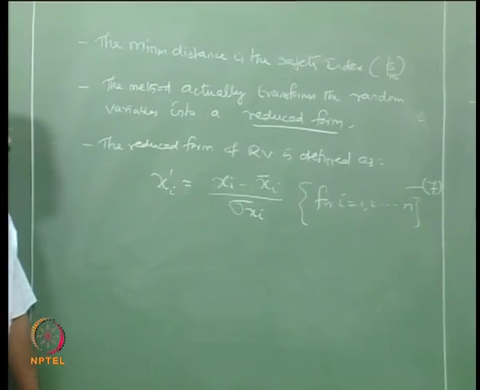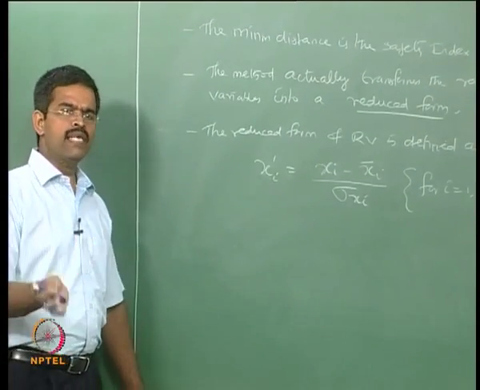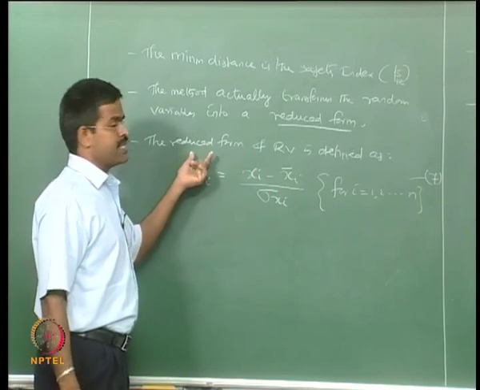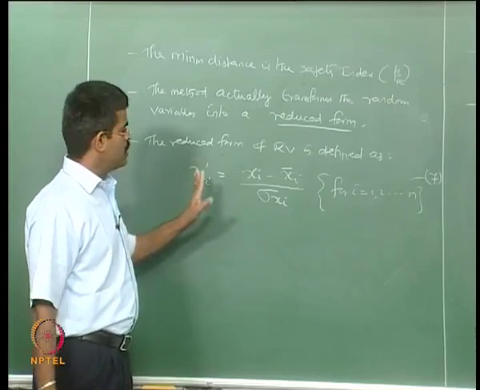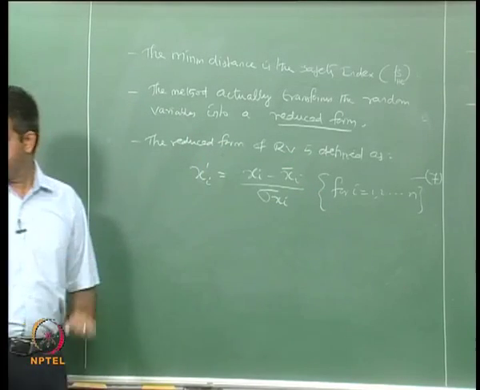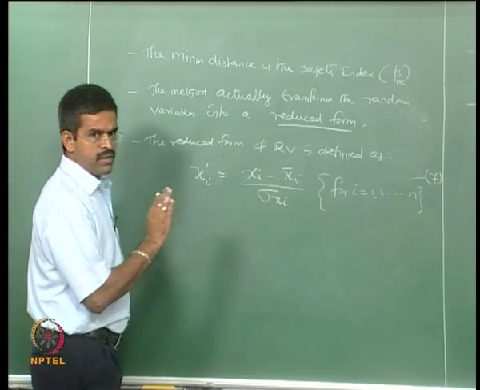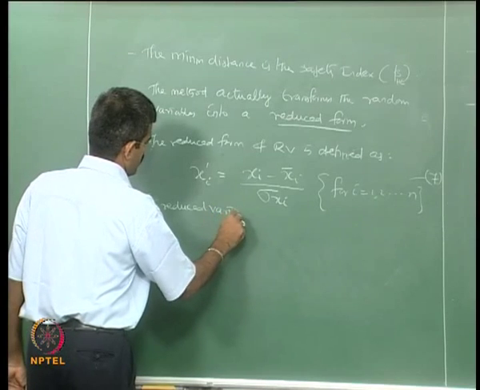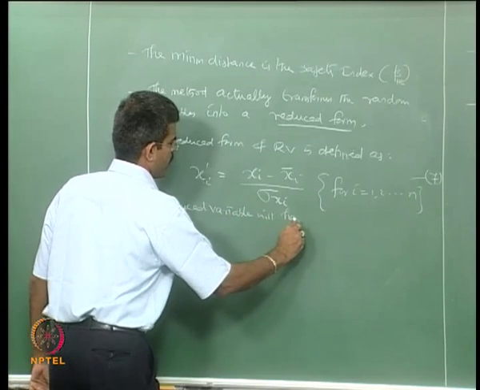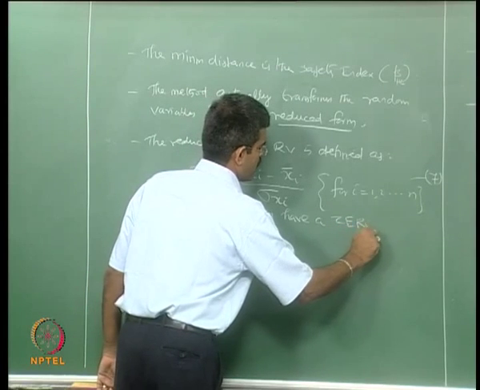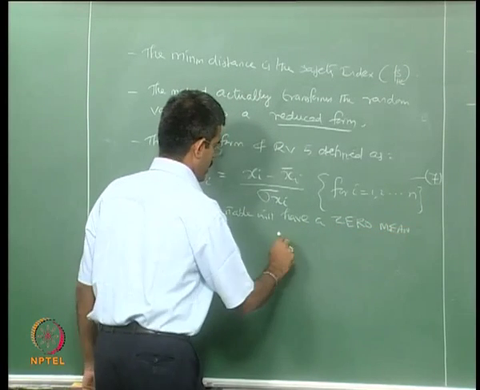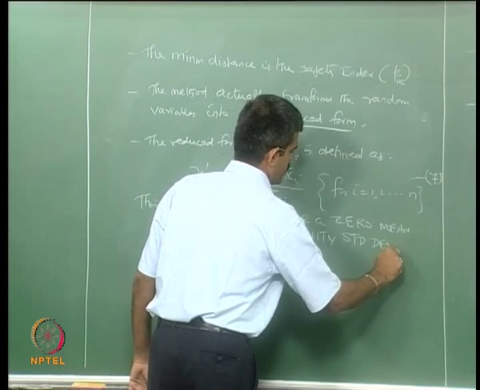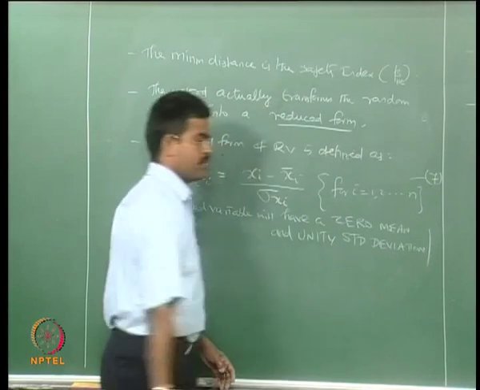So instead of using directly the random variables which are R and S, I am going to use a modified or reduced form of the random variable x dash, where x dash will be the value given by this expression 7. Now the interesting part is this reduced variable will have a zero mean and unit standard deviation. Okay.